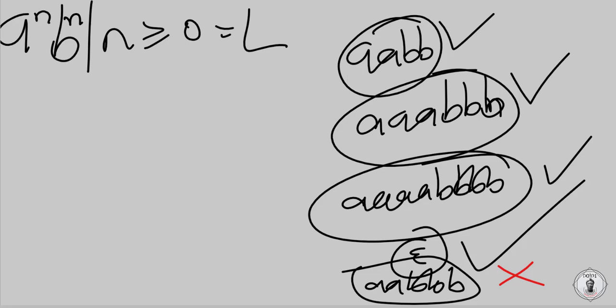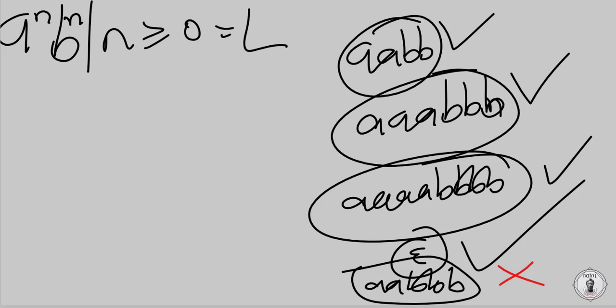A PDA is accepted if you're able to read all the inputs and get to a final state, and also if you're able to exhaust all the inputs but you are not stuck. You can also accept the given word. But in most cases you are able to reach the final state, though not all automata pass that criteria.